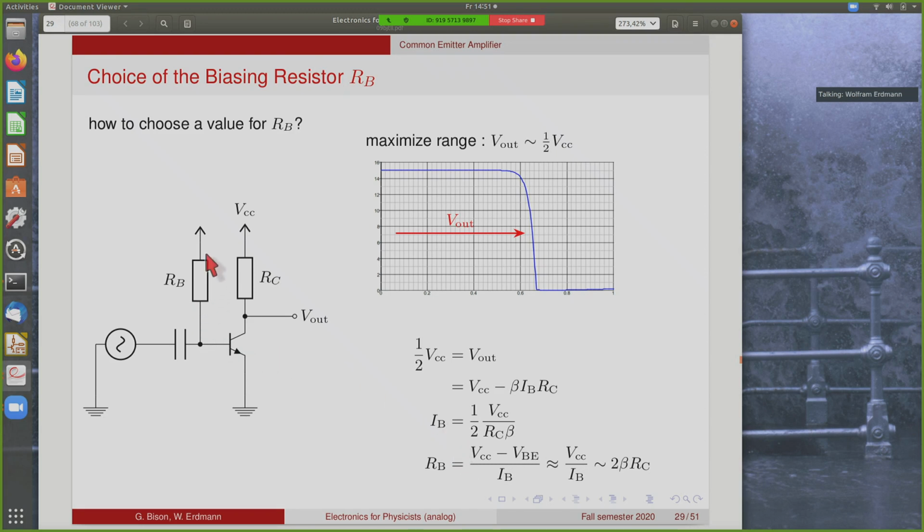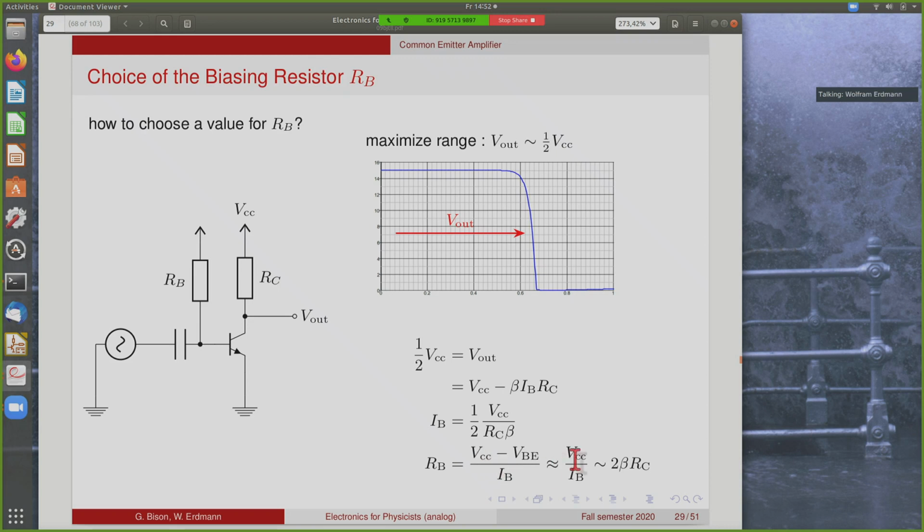And when we know the base current that we want to flow here, we can calculate the resistor value because the voltage from here to here is given by the supply voltage minus the base emitter voltage, which is always roughly 0.7 volt, or we can almost neglect it here.